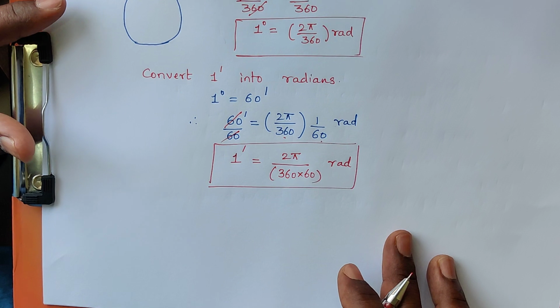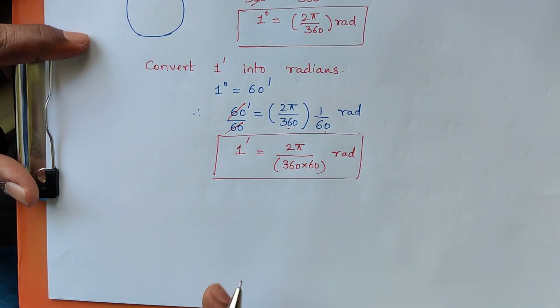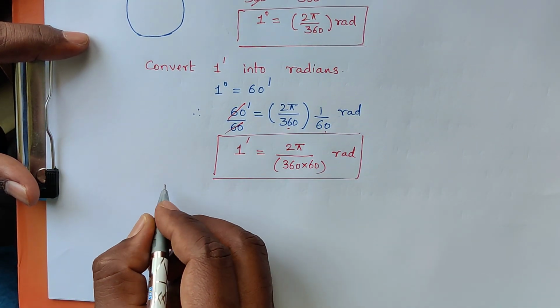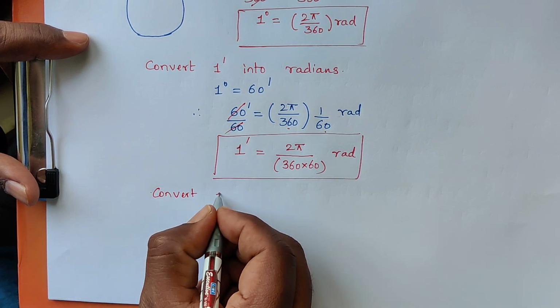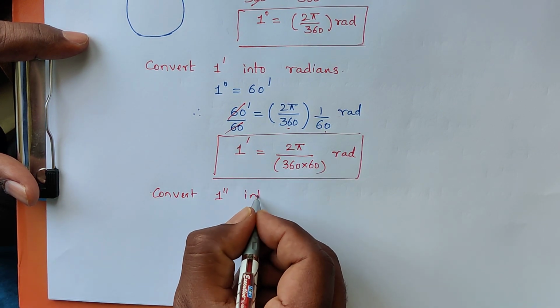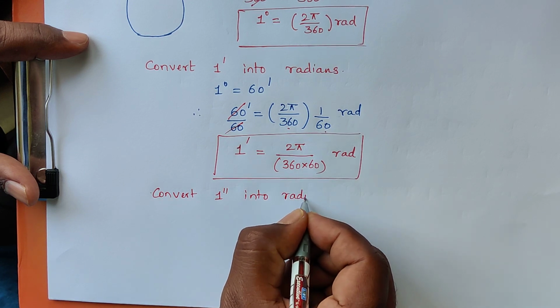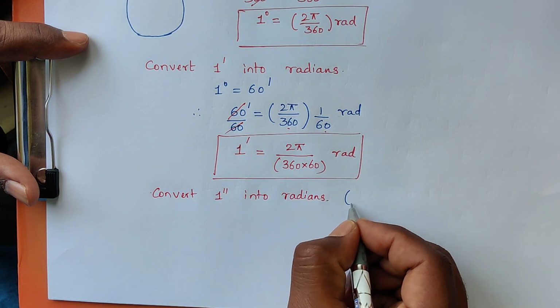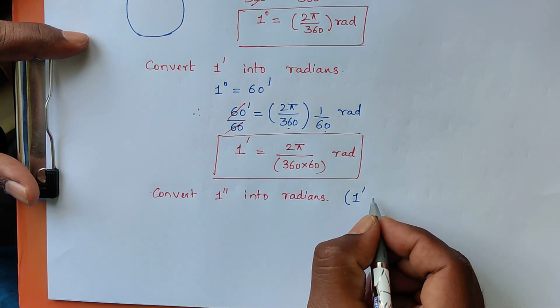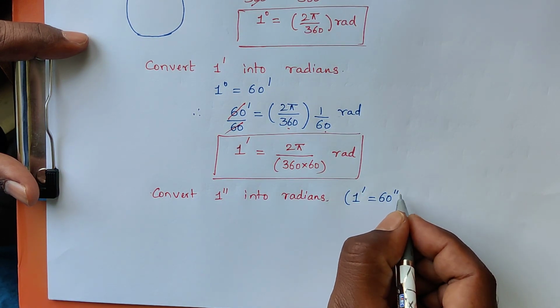Now we are going to calculate 1 second. Convert 1 second into radians. We know 1 minute equals 60 seconds.